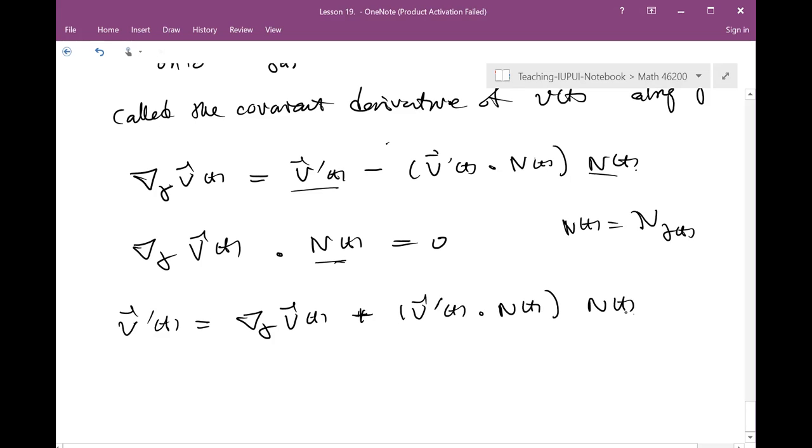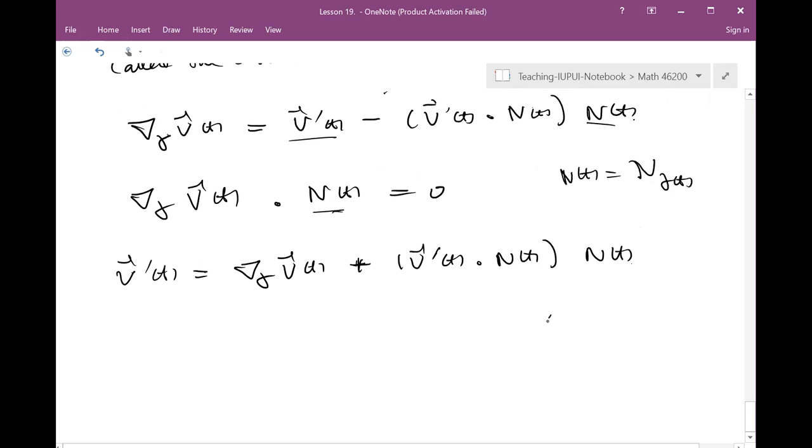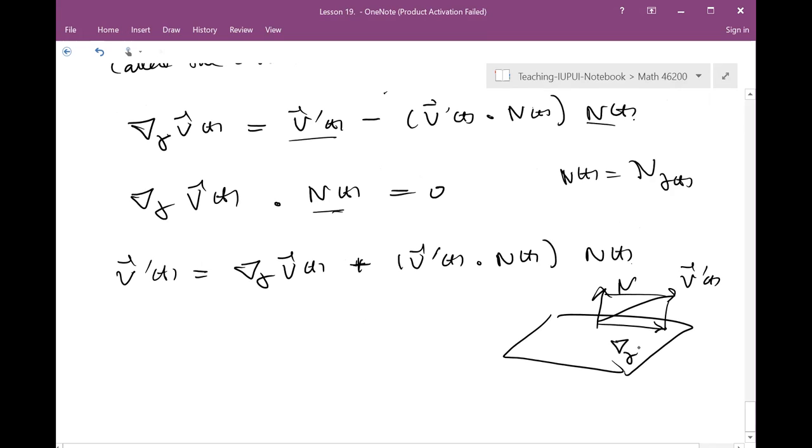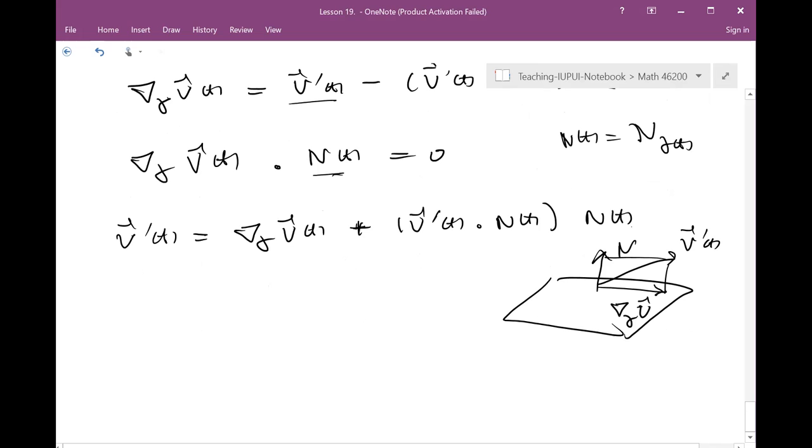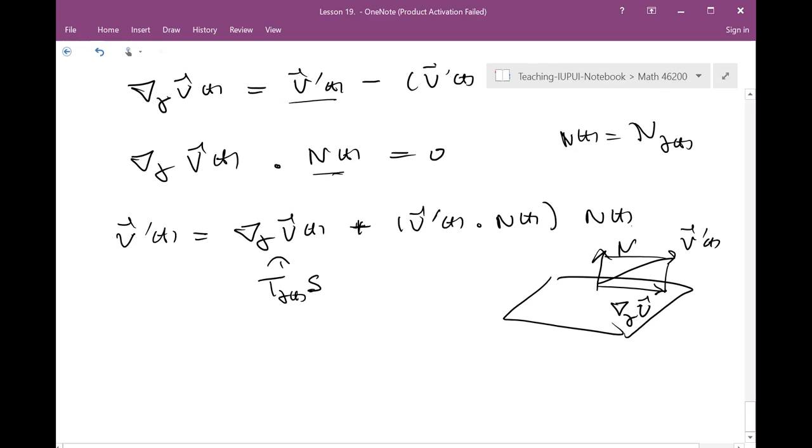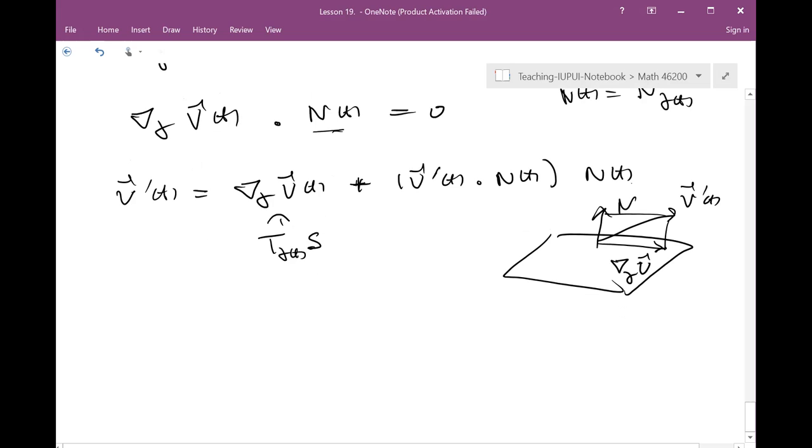You decompose it into these. So we just go ahead and differentiate, and then you get two parts.